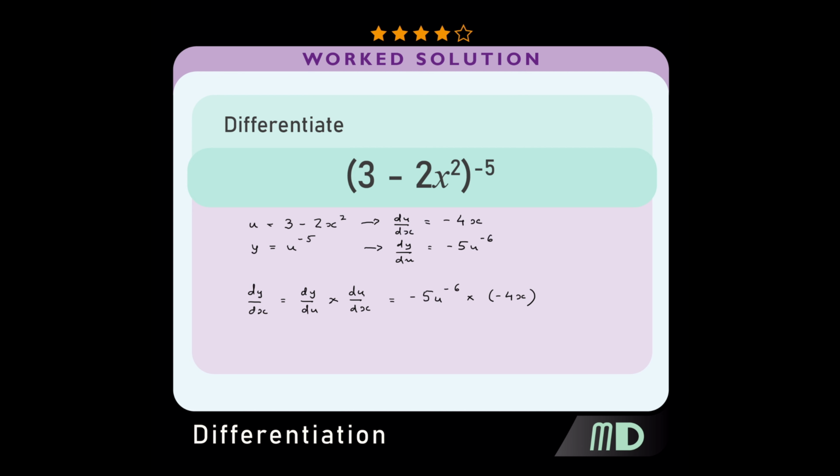Simplifying the coefficients of u, minus 4x multiplied by minus 5 is 20x, giving us 20x multiplied by u to the power of minus 6.